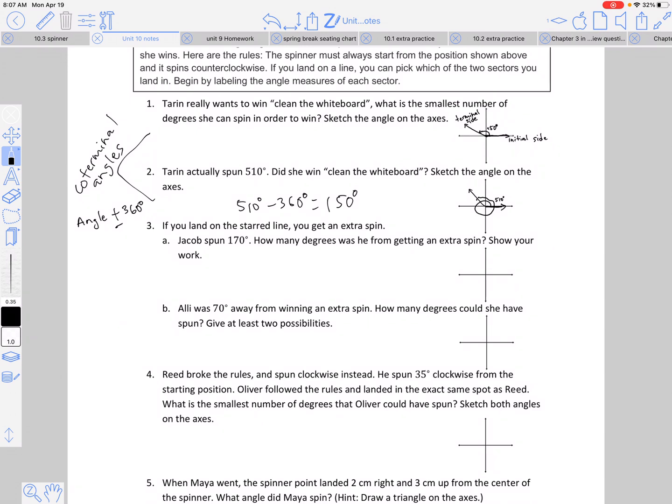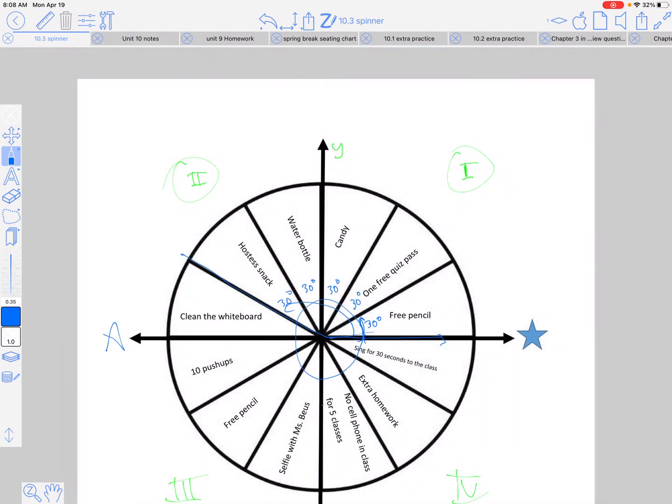All right, number 3. If you land on a starred line, you get an extra spin. And I accidentally erased a star, but I was supposed to have a star here and here. So basically, if you start here and spin it, so if you do 360 degrees, or 720, so you go around twice, you'd have the coterminal there.